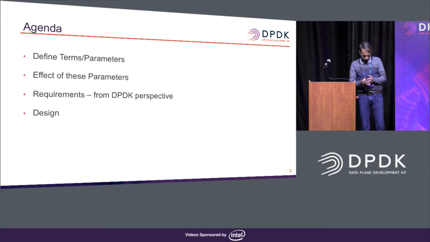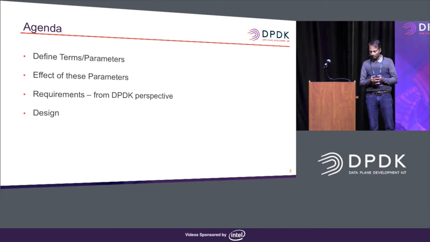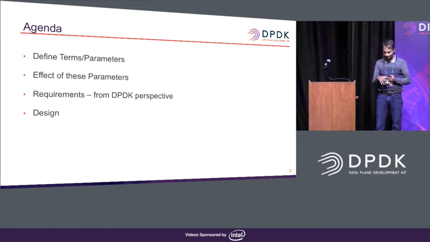So what I want to do today is talk a little bit about the value that this patch is bringing in terms of what's available out there already. From that perspective, I would like to define a few terms and parameters that affect memory reclamation, and then what is the effect of these parameters?